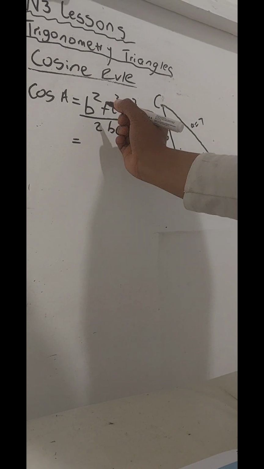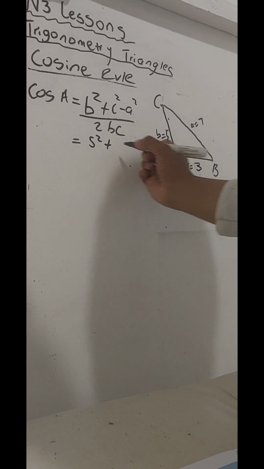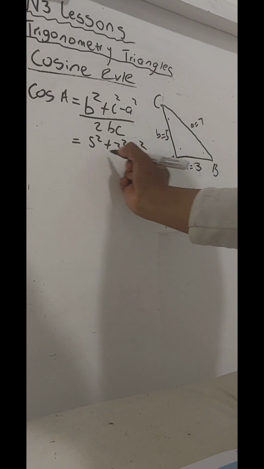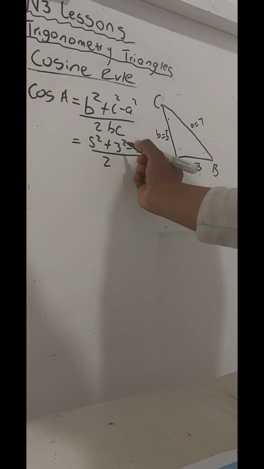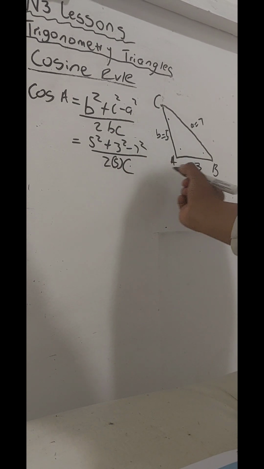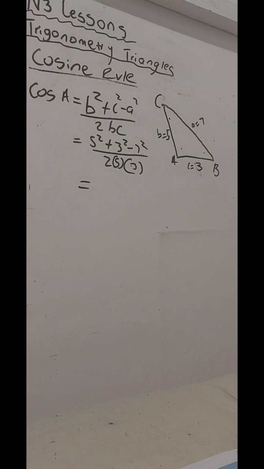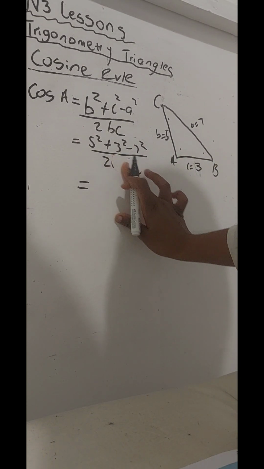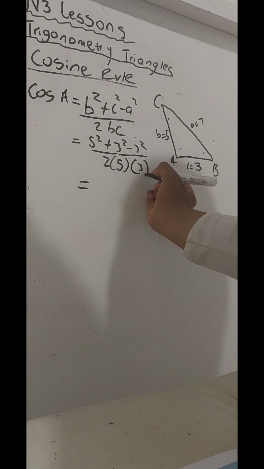B squared is 5 squared, plus C squared is 3 squared, minus A squared, which is 7 squared, over 2 times 5 times 3.